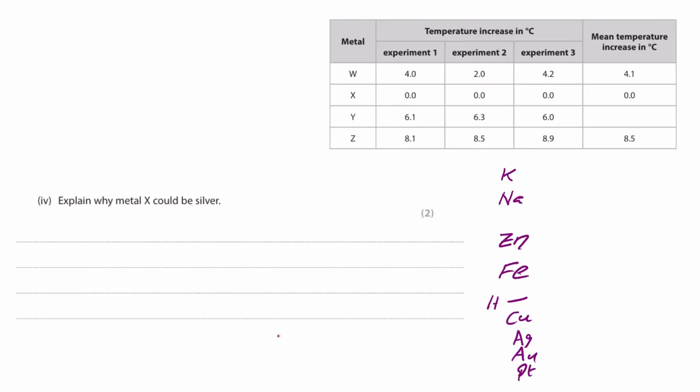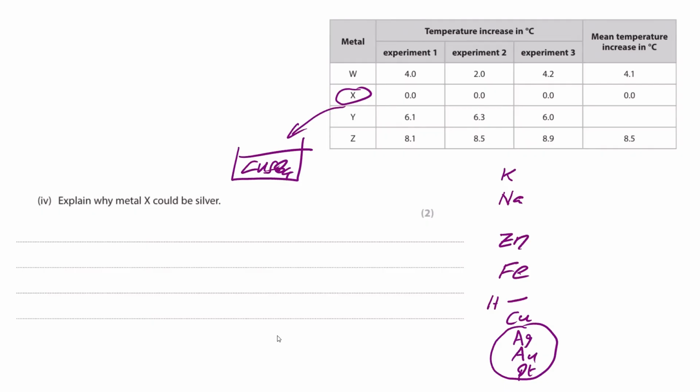Explain why metal X could be silver. Can you see, when you add metal X, there was no reaction. Where are we adding this metal X? We are adding metal X to copper sulfate solution. So if there's no reaction, it means our metal X should be less reactive than copper. There are only 3 metals less reactive than copper: silver, gold and platinum.